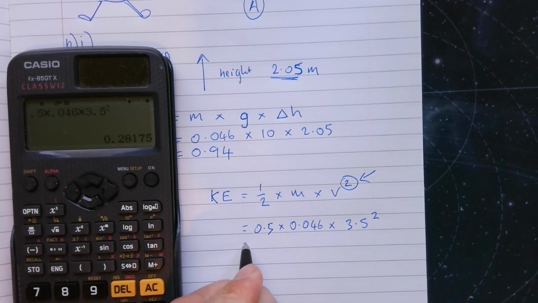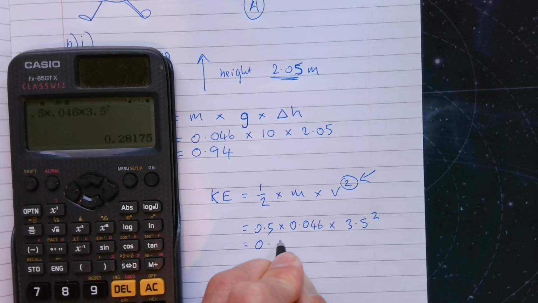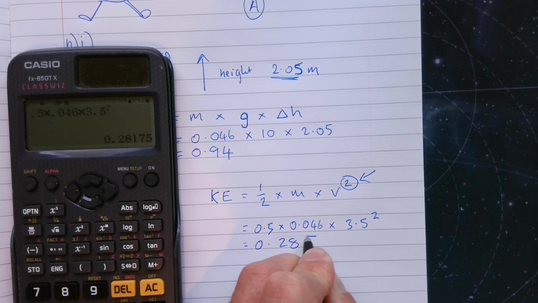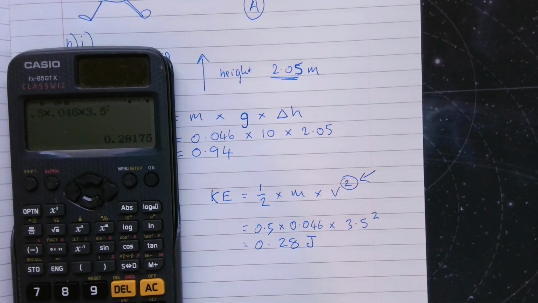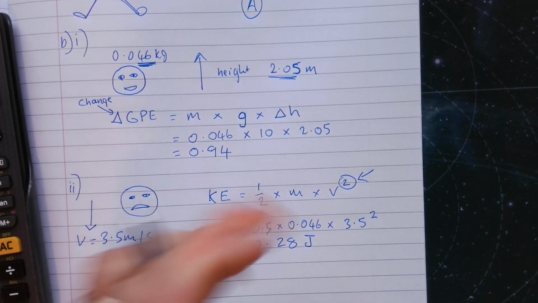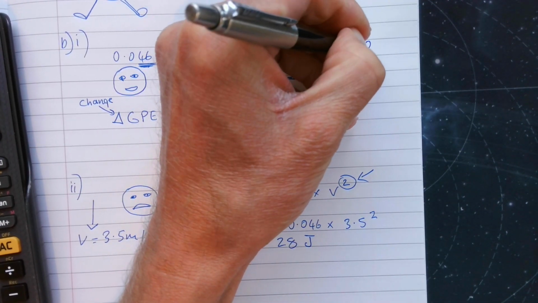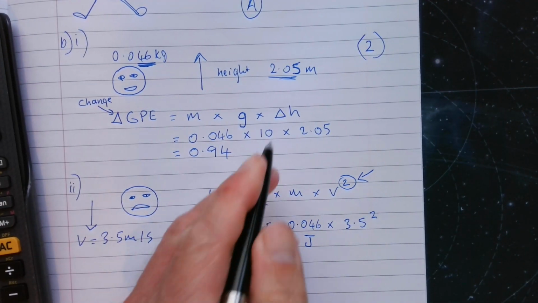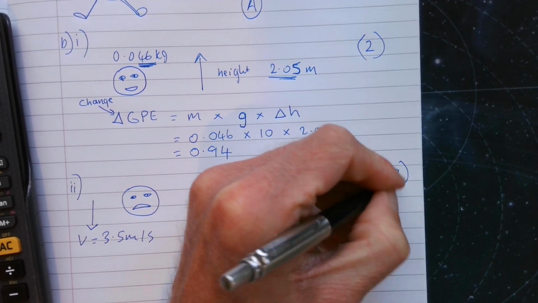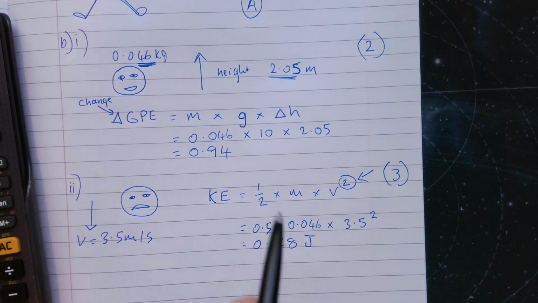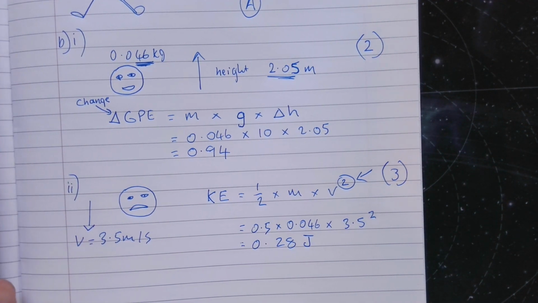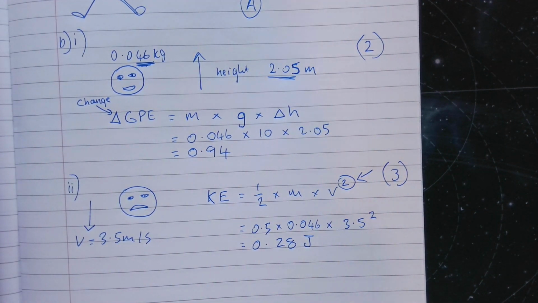And again I'm going to leave it to 2 significant figures, so 0.28 joules. Joules I think is given in both of those, or I should have said so. That was a 2-mark question, I think, because you're given the equation. This was a 3-mark question because you had to recall it. Although, as I say, in 2023 you won't have to recall it.